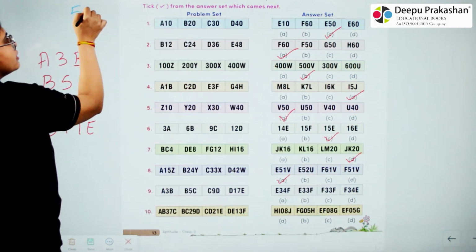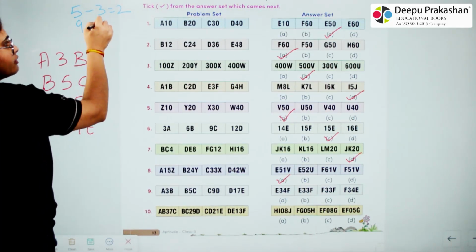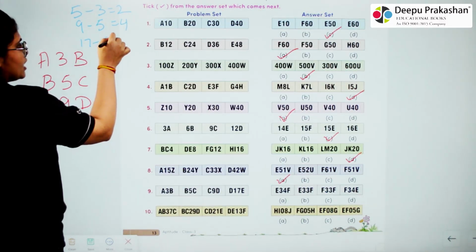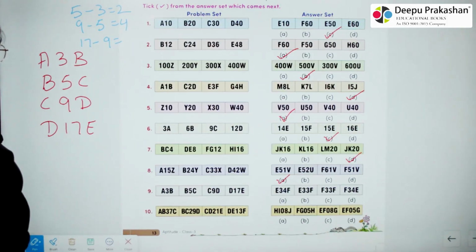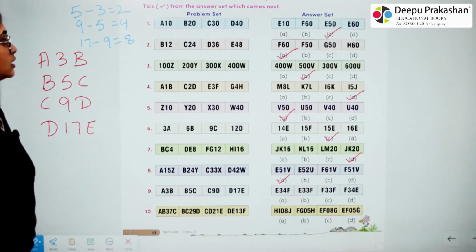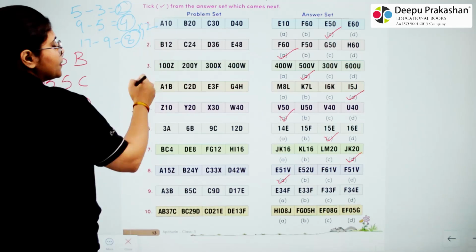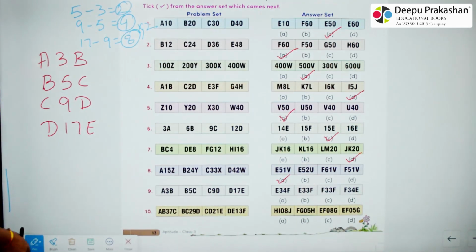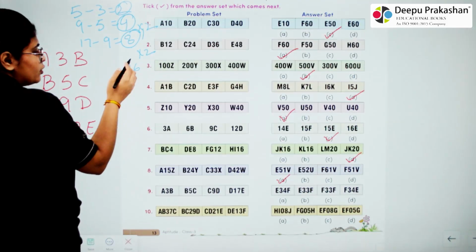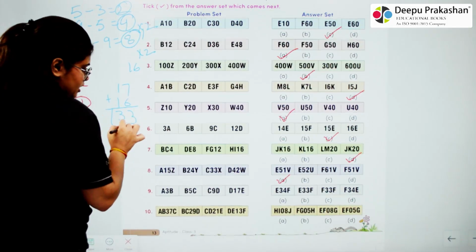If we subtract 9 and 5, we get 4. If we subtract 17 and 9, we get 8. That means the difference is being multiplied by 2. So to find the next number, we multiply 8 by 2, that is 16, and we add 16 and 17. So the answer will be 33.